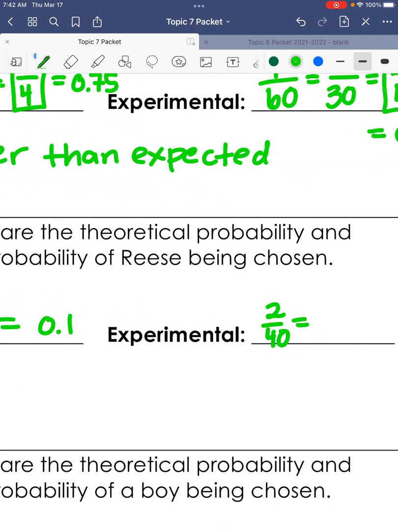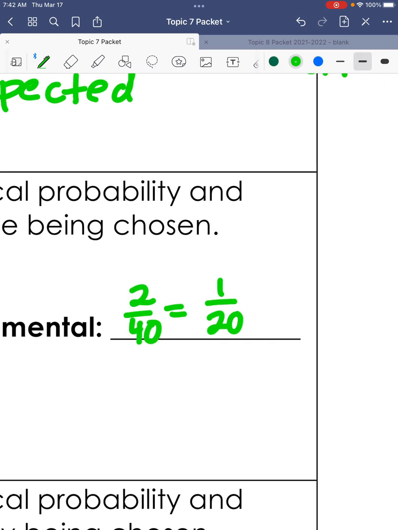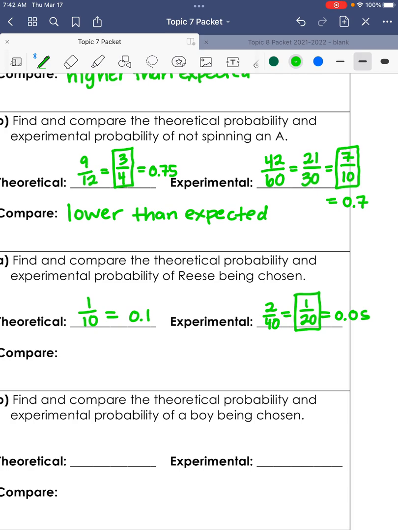Does that reduce? Those are both even numbers. 2 goes into both. So 2 divided by 2 is 1, and 40 divided by 2 is 20. Well, 1 divided by 20, when I put that into my calculator, I get 0.05. Okay, so that is my experimental probability, and this right here is my theoretical probability.